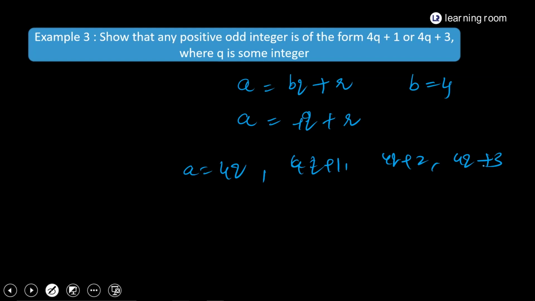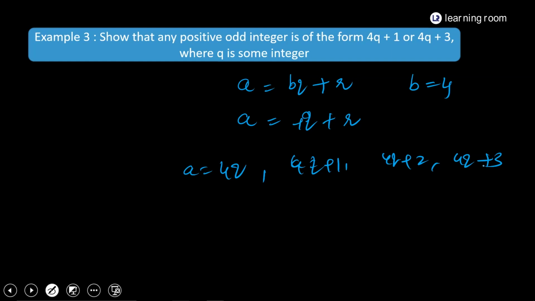So we are considering b is 6, so a is equal to 6q plus r. What is the range of r values? 0 to 5. Good.